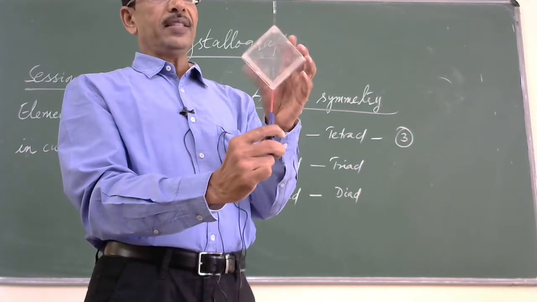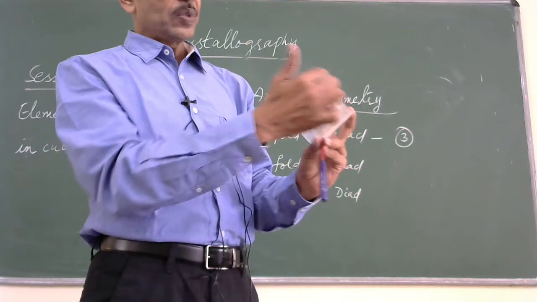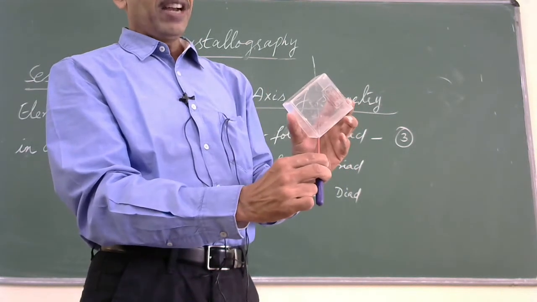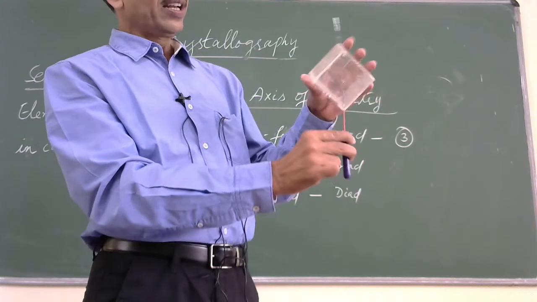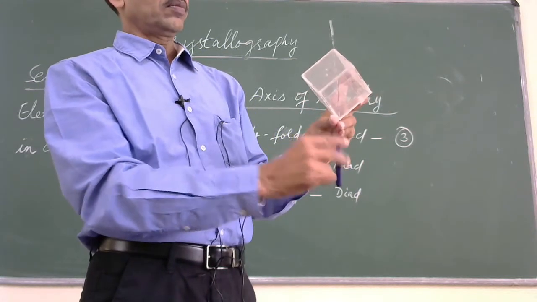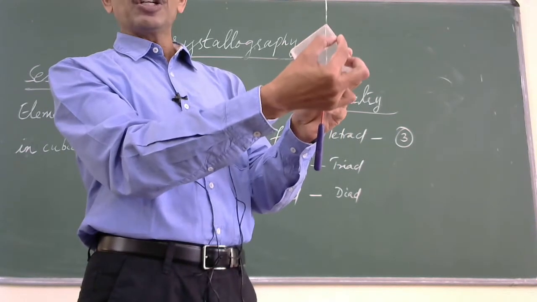Right, so please observe, you have a rhombohedral face, rhombus shape, or you can remember this corner. So there is one corner visible to you.